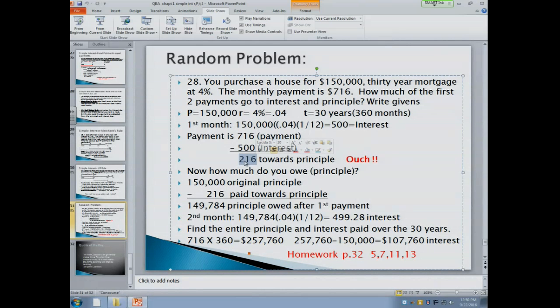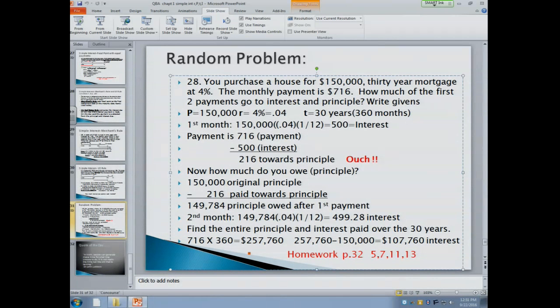You're only paying $216 towards the $150,000. Ouch. So you don't owe $150,000. You subtract $216, and after you make that first payment, at the end of the first month, you owe $149,784.